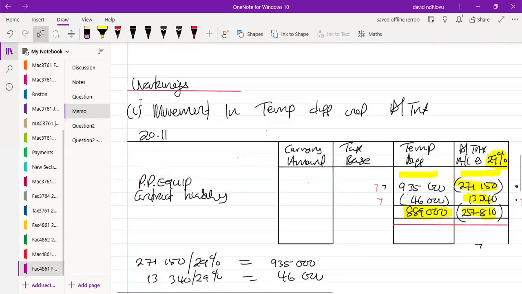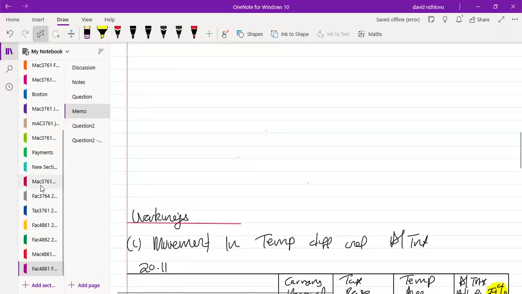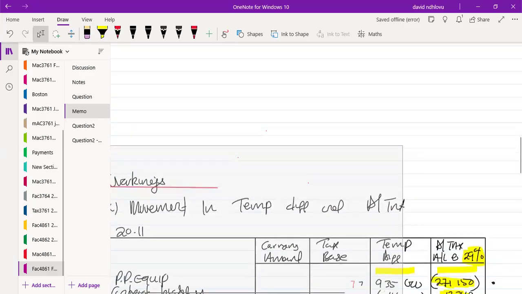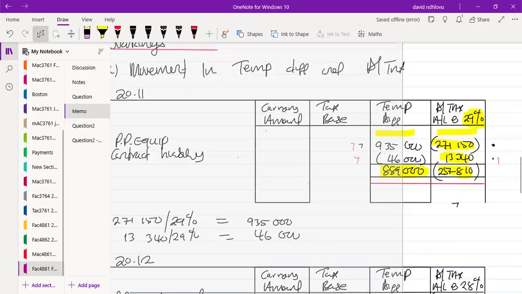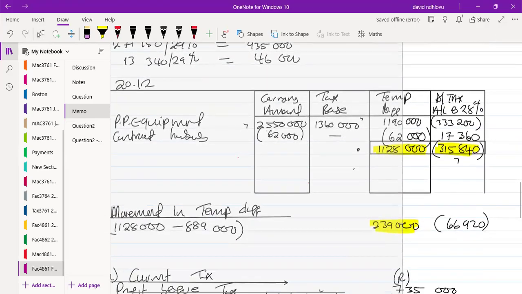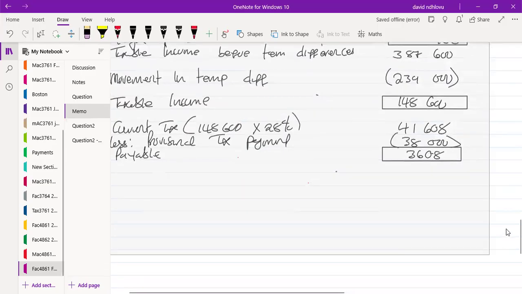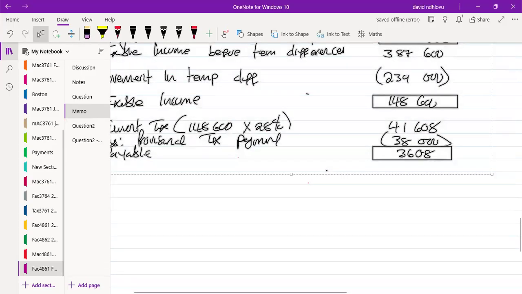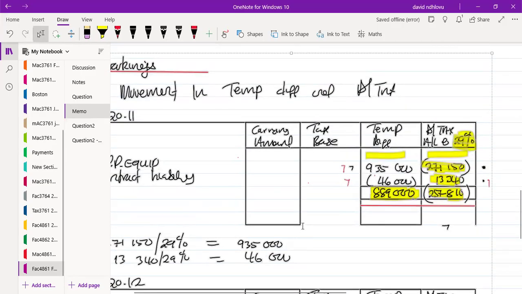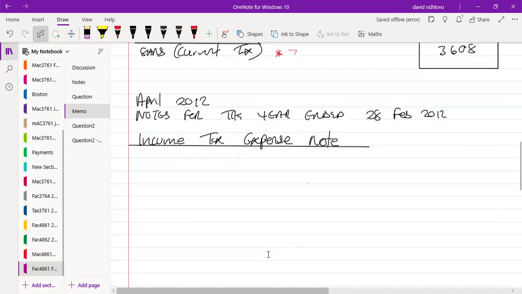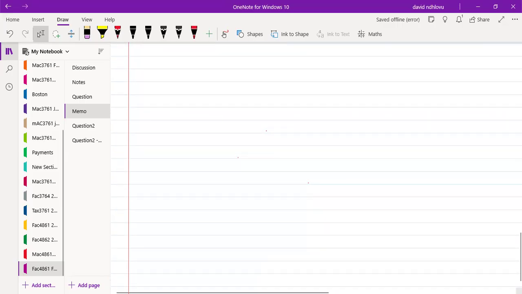Okay, thank you. Sharp. So I want to make some space here so that we can conclude our question by doing the disclosure of the income tax note. All right, let's see how much space I need. Right, somewhere here.